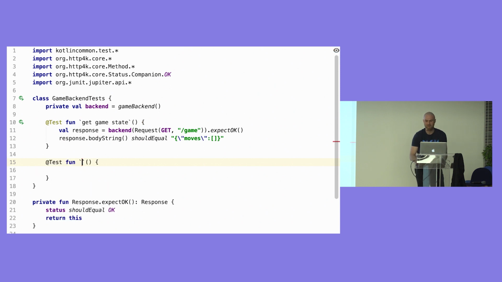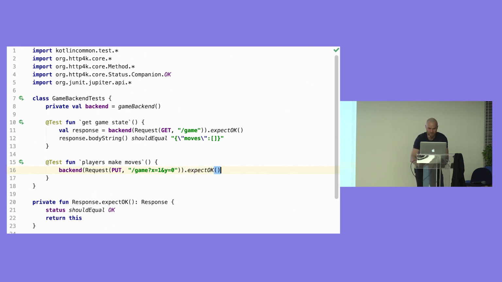So maybe the next thing we could do is get the game in a state, and again, to test drive the next behavior, we can say players make moves. And what we want is something like using put and say game, and x will be equal to 1 and y will be equal to 0, and the player will be determined by the game itself.